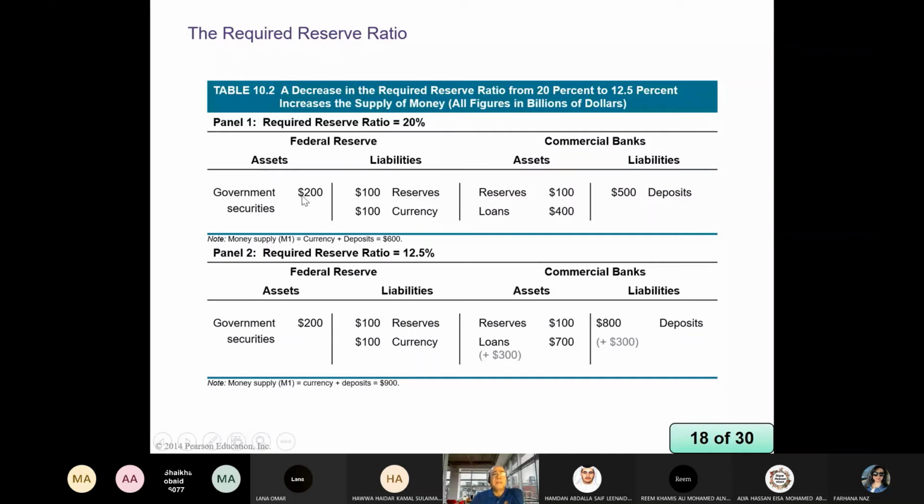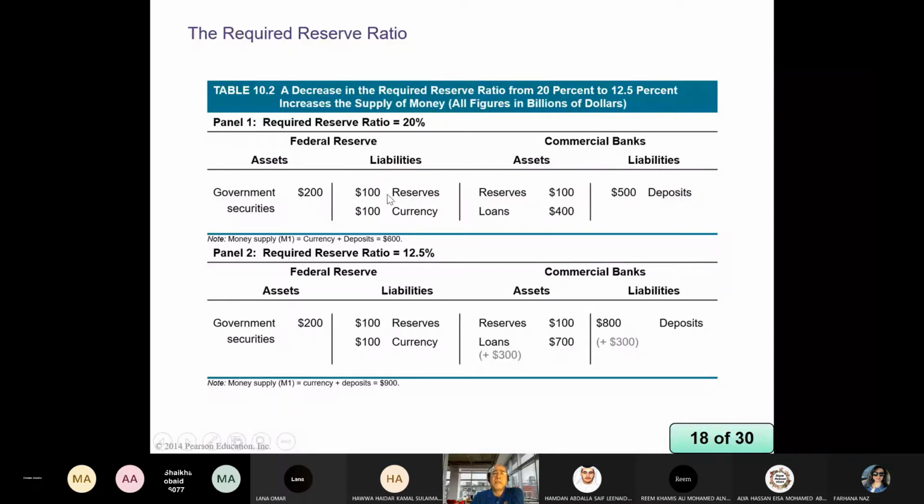In the assets, the central bank owns national bonds of 200 dirhams. It's easier for me to say $200 billion, but I will say 200 dirhams. And on the side of liabilities, the central bank owes money to other parties.